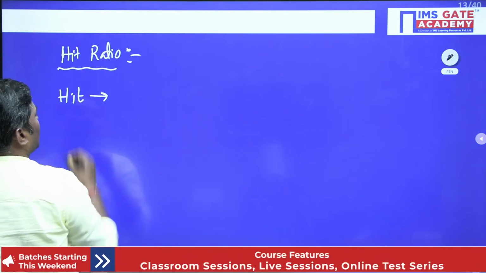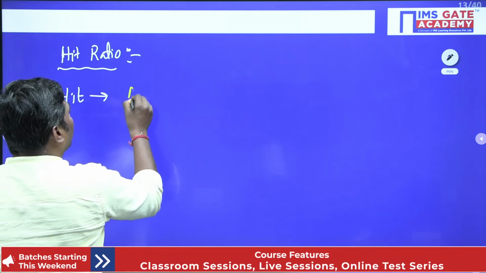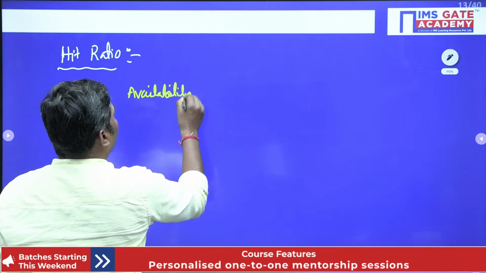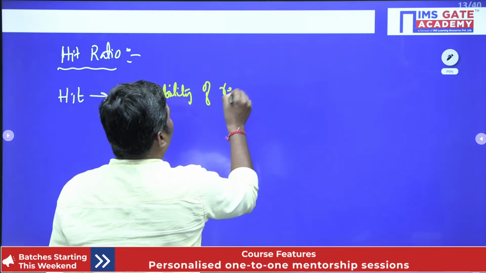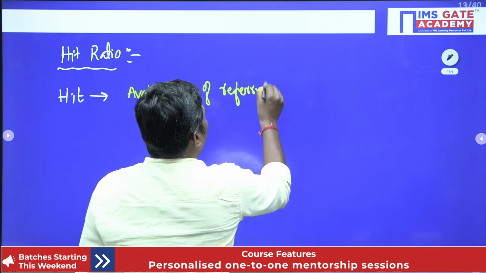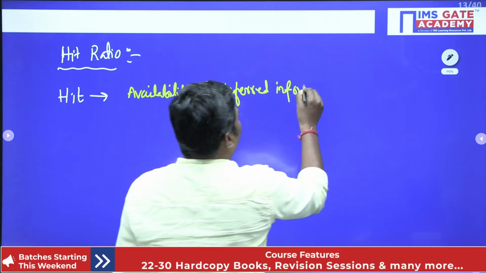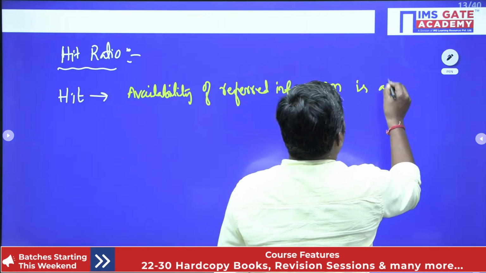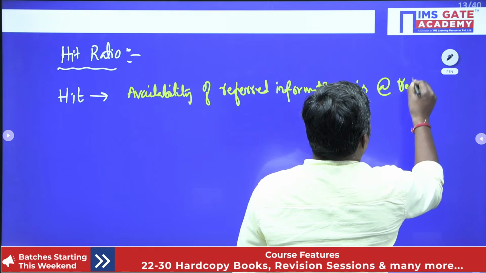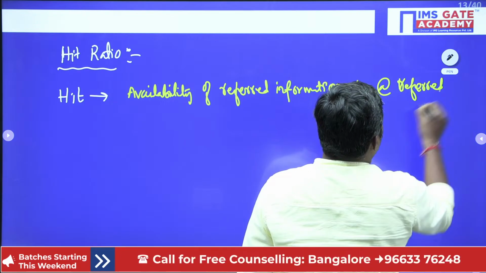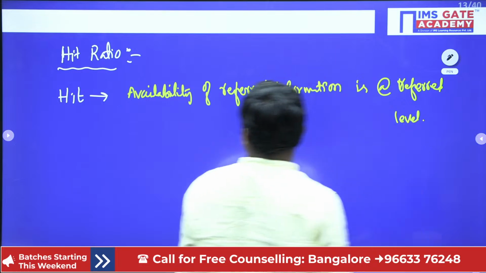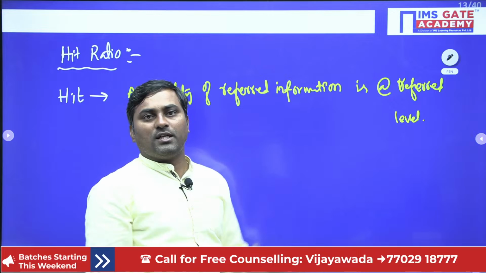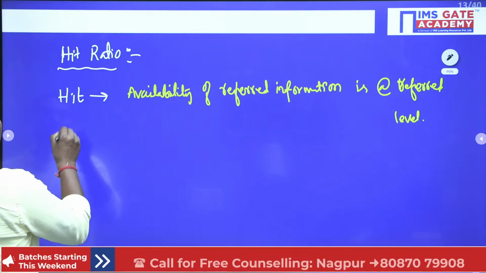It means the availability of the referred information at the referred level of the memory, level i. It means it is present. When I am referring to that location and it is present, that is a hit. So next one, miss.